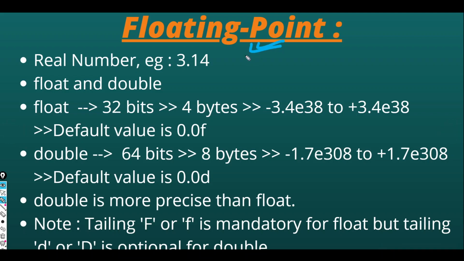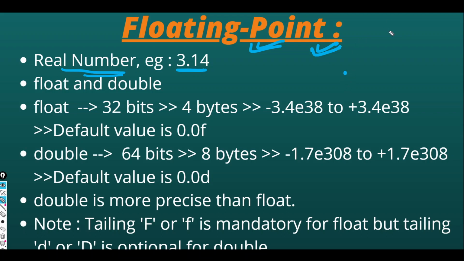Floating points are real numbers. What do I mean by real number? For example, 3.14 is a floating point, meaning we have decimals in the number. For example, 1.2 or 2.3. So a floating point number can store decimals as well.